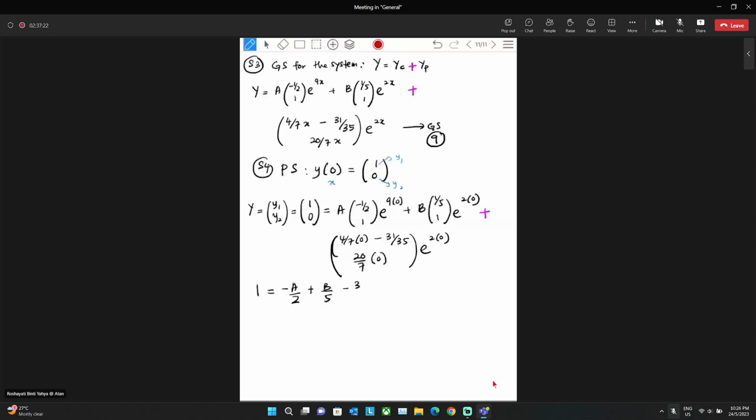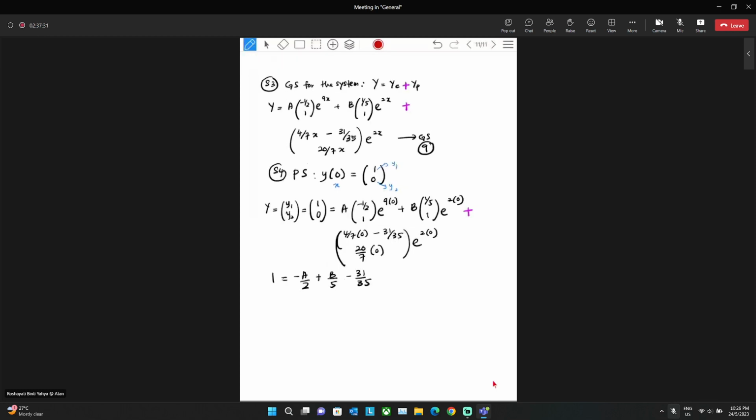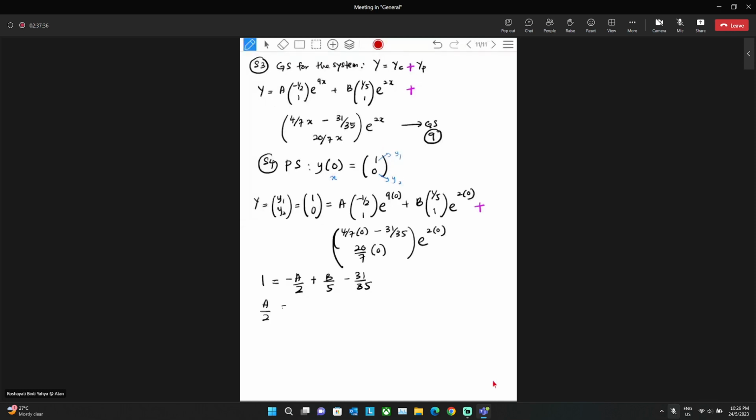Then A over 2 equals B over 5 minus something. To make the denominator 35, we change the denominator from 5 to 35, so multiply by 7. So 7B minus 31, and then 1 minus 35 over 35.